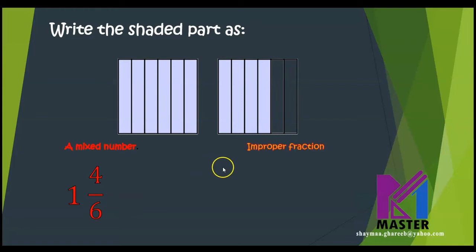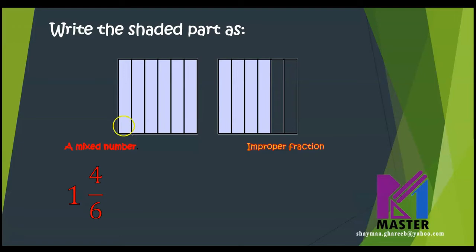What if I want to write it as an improper fraction? We said we have to count the small parts. Look at the small parts. Each part here equals what? What do you think? The shape is divided into 6 equal parts, which means each small part here equals 1 over 6, or 1/6.